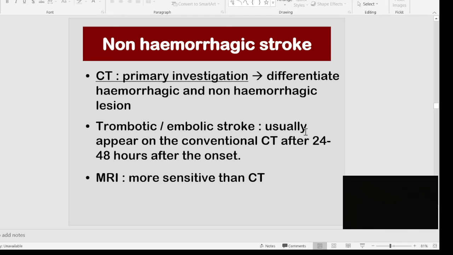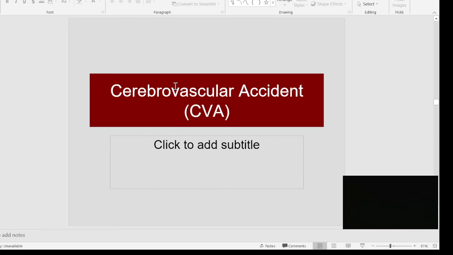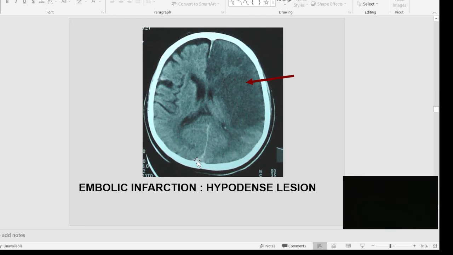MRI is more sensitive than CT scan. That is usually after 72 hours. But during the acute stage, CT scan is more preferable to use. So this is an example of embolic infarction.